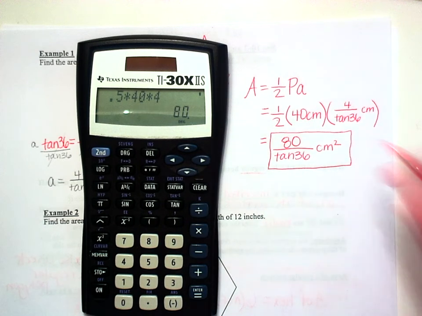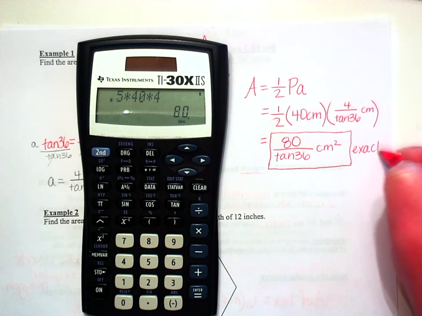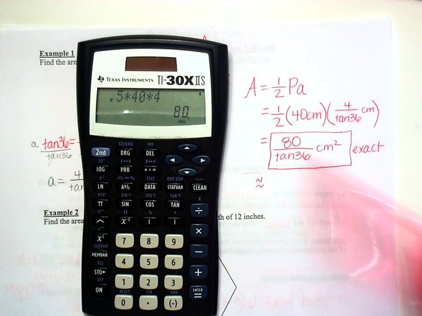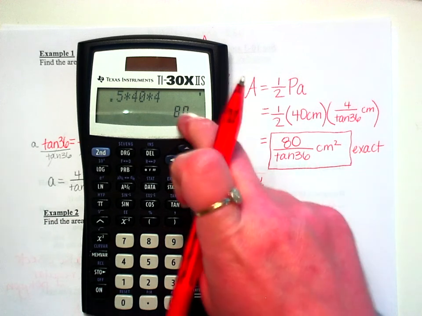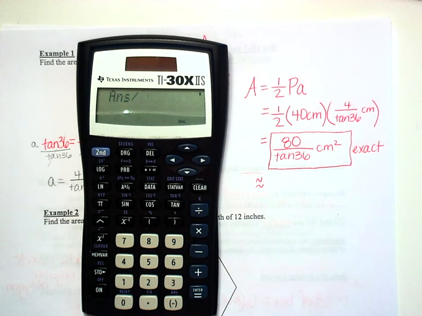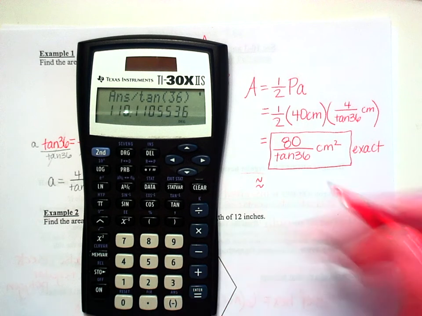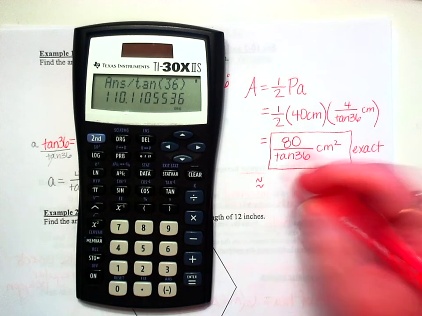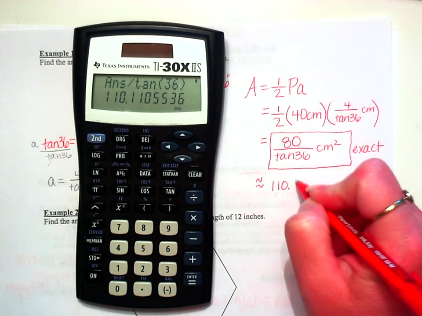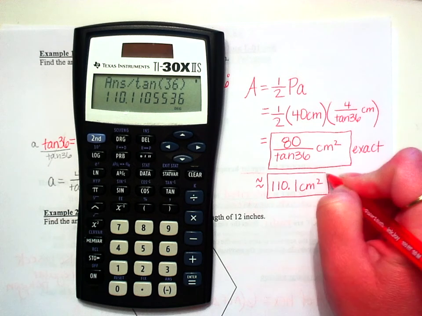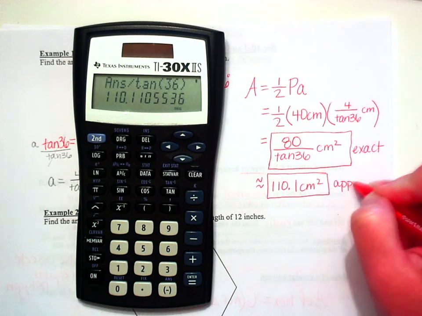Okay, that is my exact answer because I haven't rounded anything. But I want to know, what is that approximately? So I'm going to take my 80 and I'm going to divide by tangent 36. And I get approximately 110.1 centimeters squared. So that is your approximate answer.